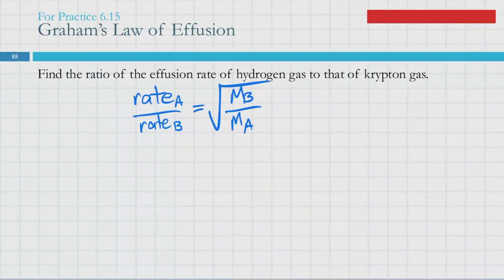And it's not important that we use kilograms per mole or grams per mole for our molar masses, since we're doing molar mass divided by molar mass. As long as they're the same units, it'll work out. So go ahead and give this one a try. All right, relatively simple calculation.